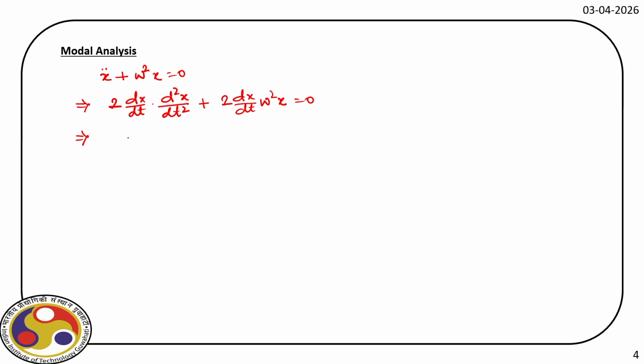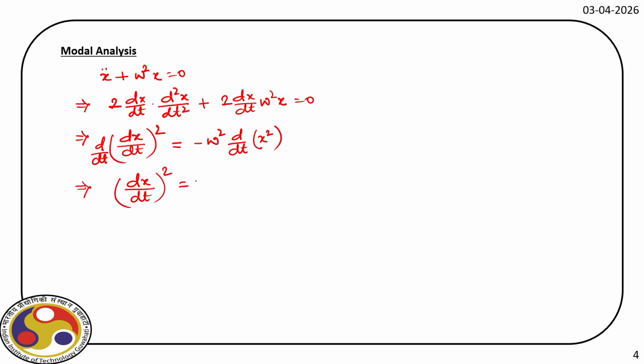So what we can write here, the first part, d/dt of (dx/dt) whole square is equal to minus omega square d/dt of x square. Right? So if we integrate both sides, we get (dx/dt) whole square is equal to minus omega square x square plus c.